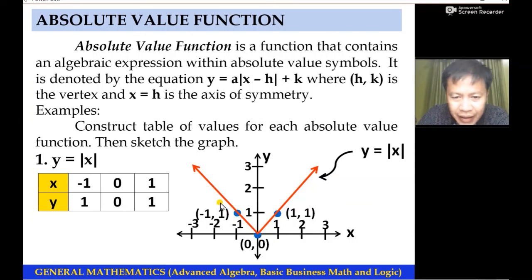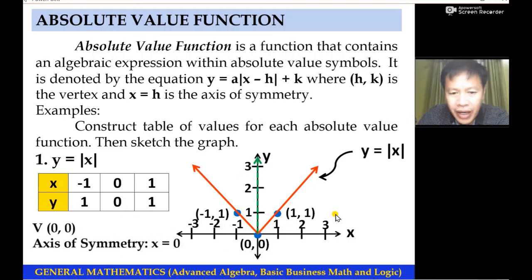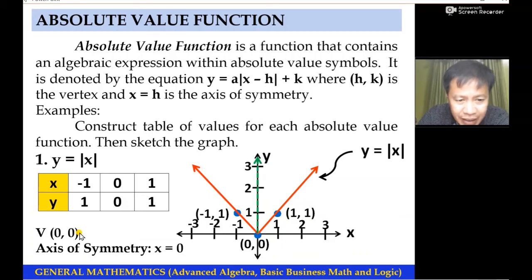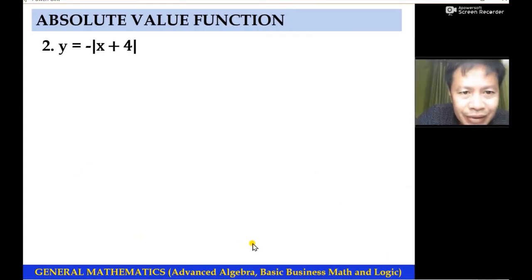Then another ray there, and these two rays are reflections of each other because we have the so-called axis of symmetry. We have also the vertex, and that is the origin, and this is the graph of y is equal to the absolute value of x. We will proceed with number 2.